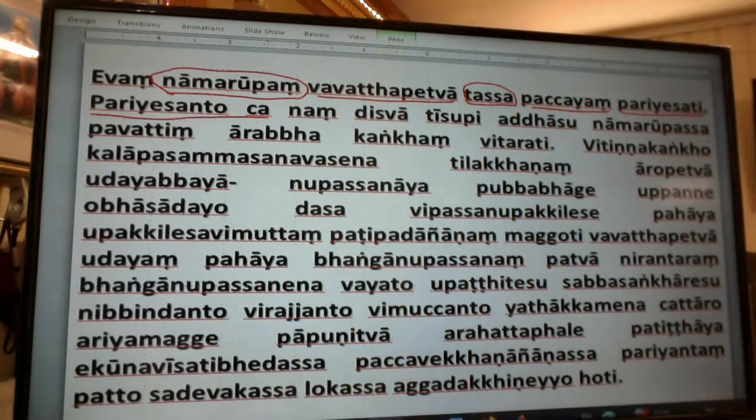The person searches for the cause of namarupa, and nan disva, nan meaning these causes, disva, after seeing.